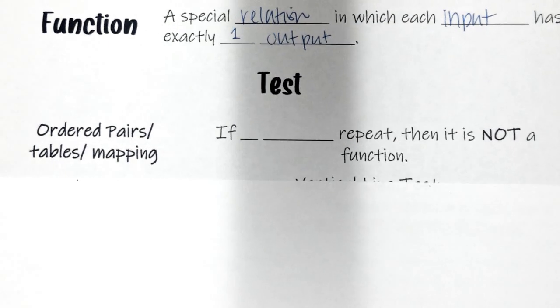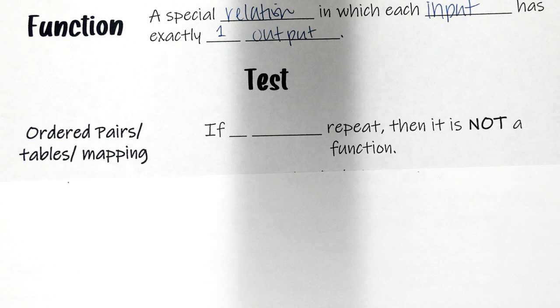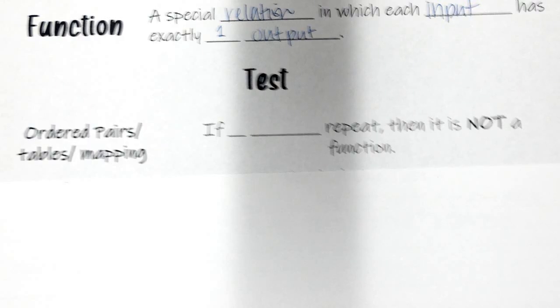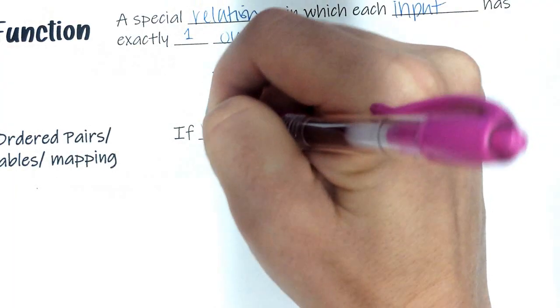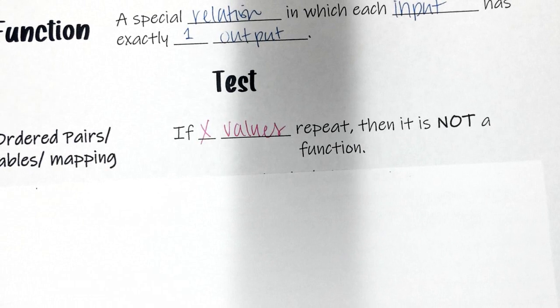If it is ordered pairs, tables, or a mapping, then our test is whether our x values repeat. If they do repeat, then it's not a function. If all of our x values are different numbers, then it is a function.